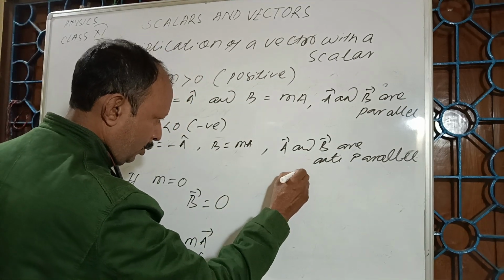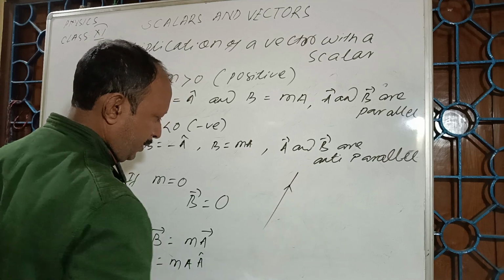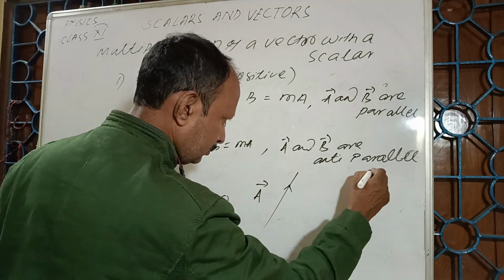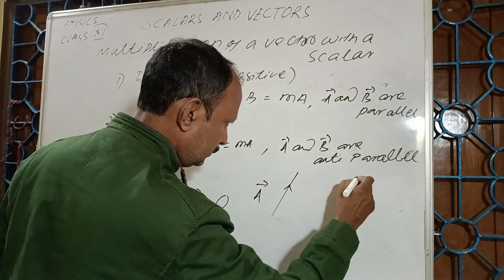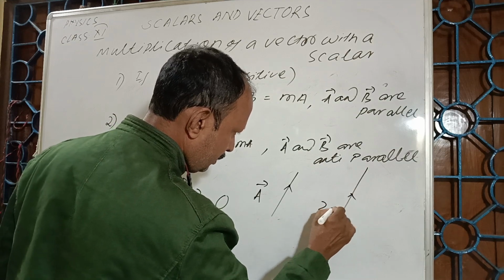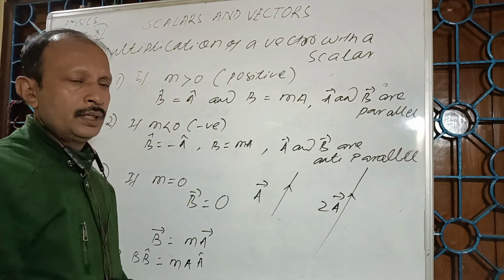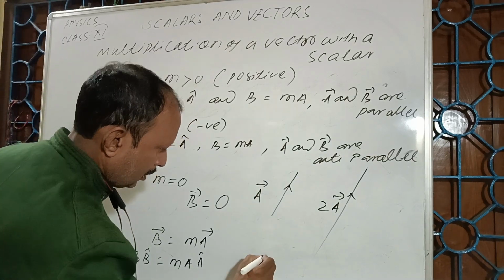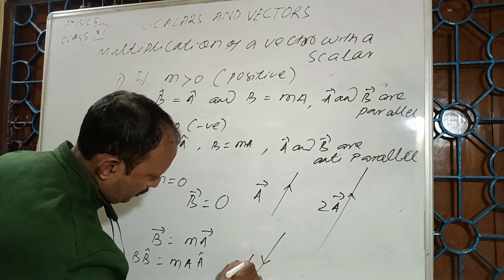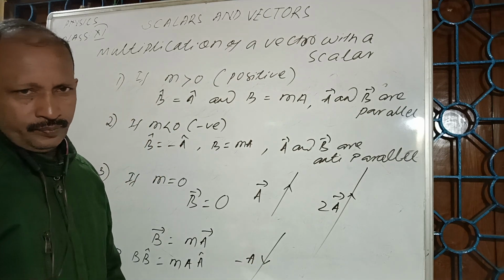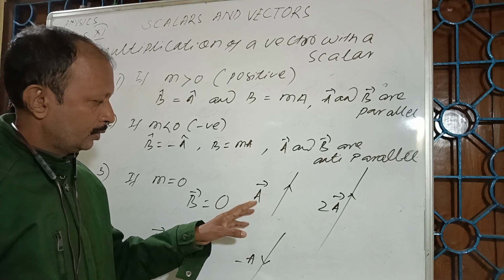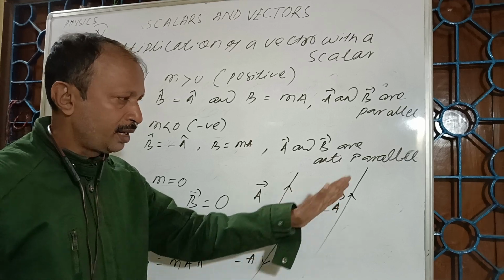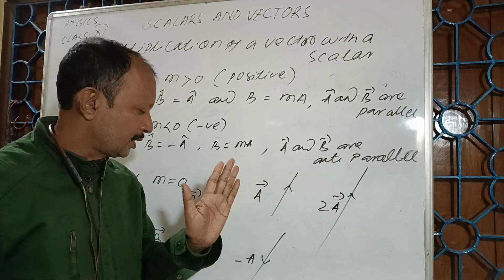See that. Suppose this is the vector A. This is the vector 2 into A. If it is, this is minus A. So here the vector A, I have taken 2A because its magnitude is 2 times, but directions are same.